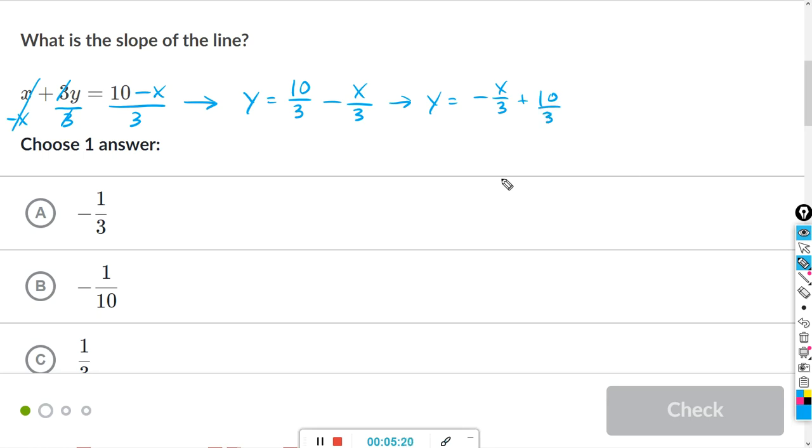Okay. Now, negative x over 3. Remember, if there's no coefficient in front of x, it's the same as a 1, right? So negative 1x over 3, that's the same as negative 1/3 times x, right? Remember we said if it's in the numerator or if it's out front, that's the same thing. So the slope is just negative 1/3, the term that's multiplied by x.